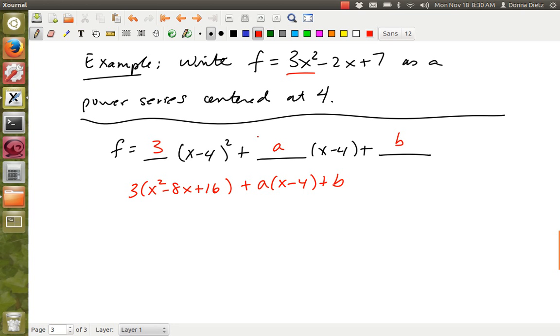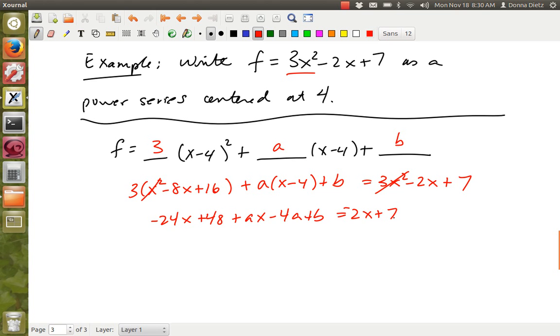Then 3x squared is already matching up. Okay, so we can get rid of 3x squared. But we don't really want to get rid of the 3. Minus 24x, 48, plus ax minus 4a plus b is, whoops, negative 2x plus 7.